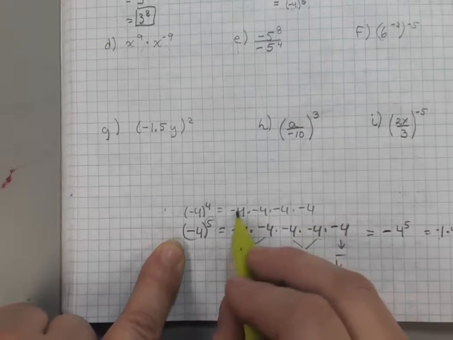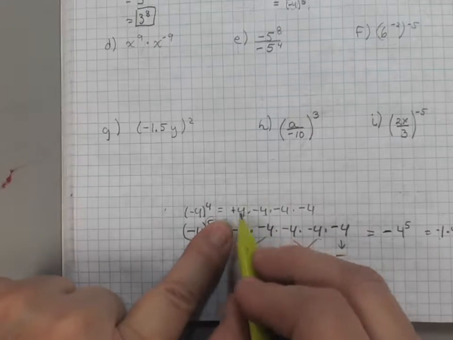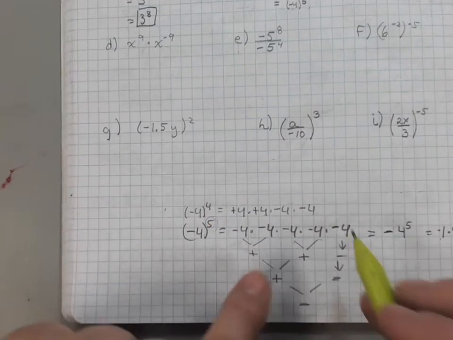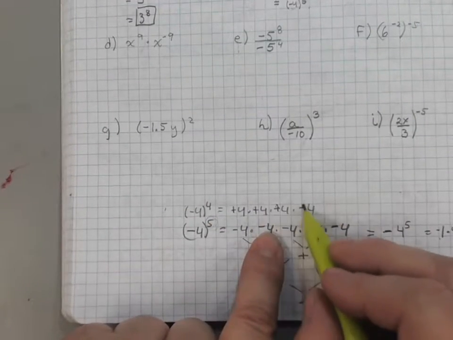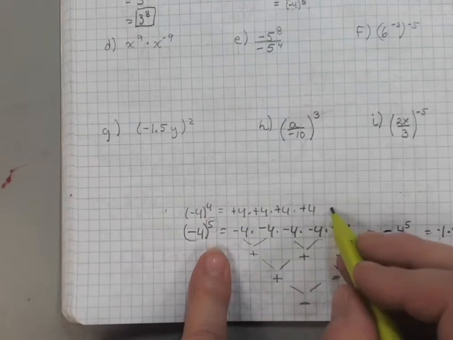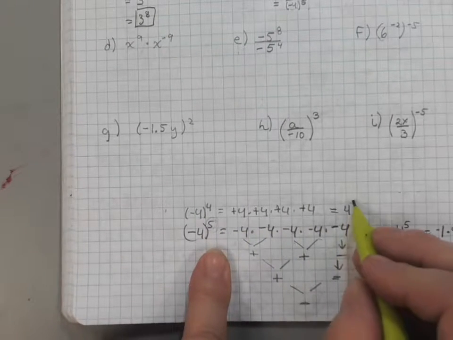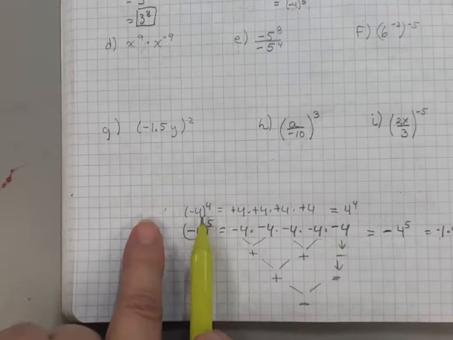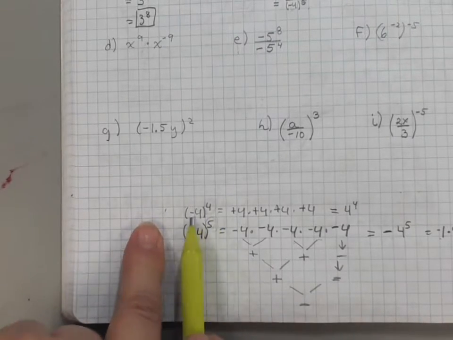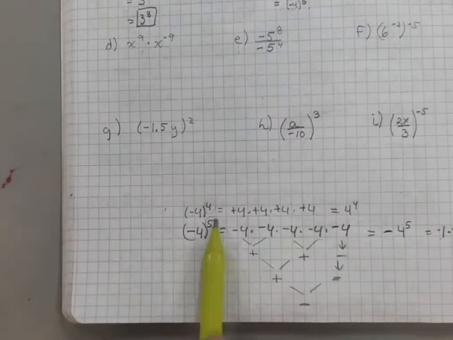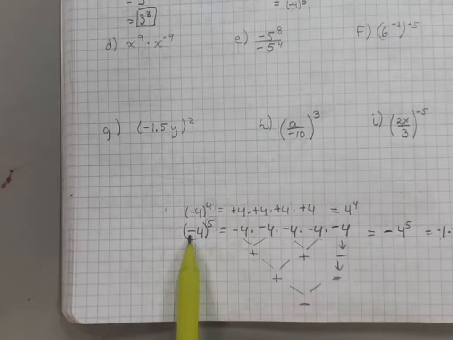If I have an even number, every pair is going to cancel the negative, so those two cancel each other out. These two cancel each other out, and so I have nothing but positives, and so this will end up being +4 to the 4th. So we can tell by the exponent, if it's even, we're going to cancel all the negatives. If it's odd, there'll be a leftover negative.